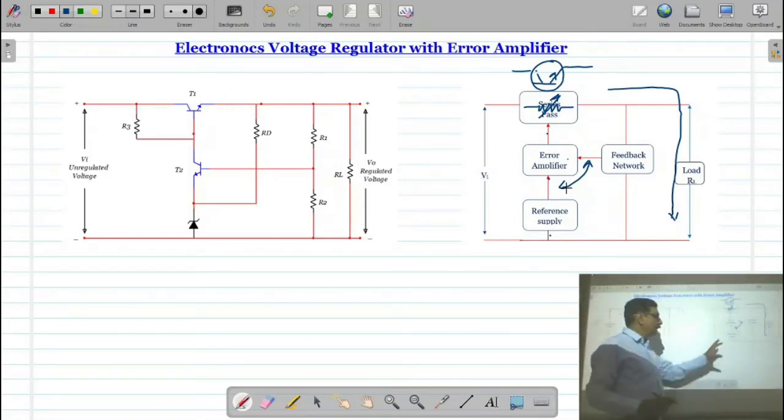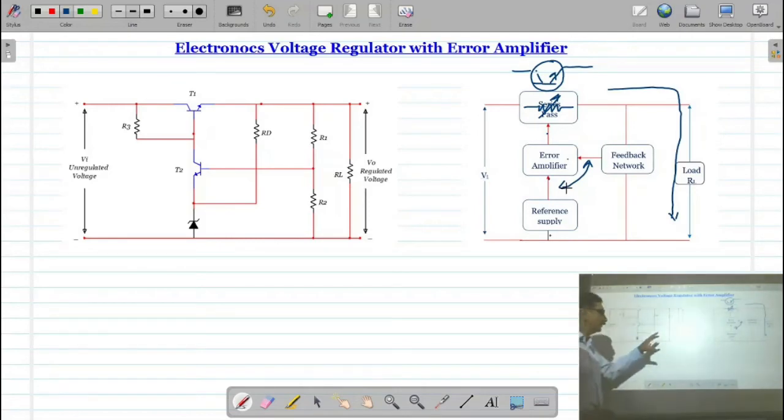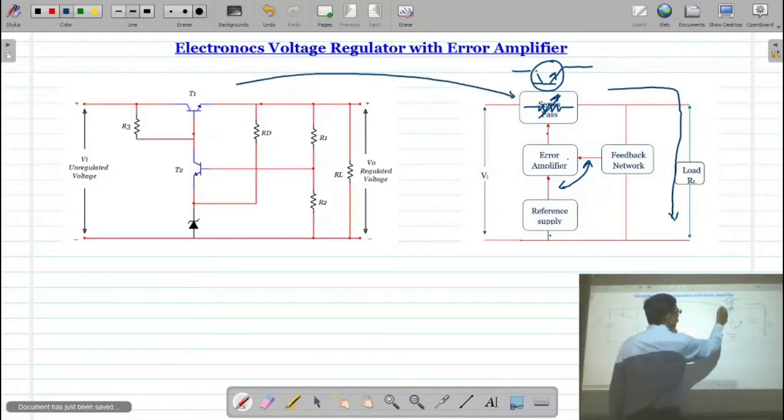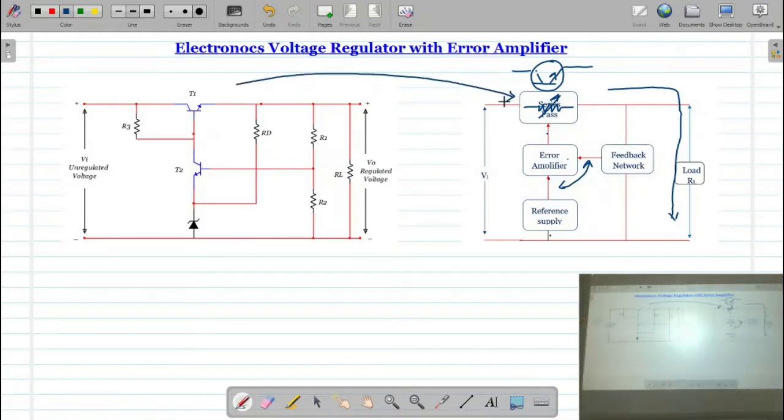Now if you compare this diagram with the circuit diagram, the transistor T1 is my series pass element, and you can see it is connected in series with the load resistance RL.